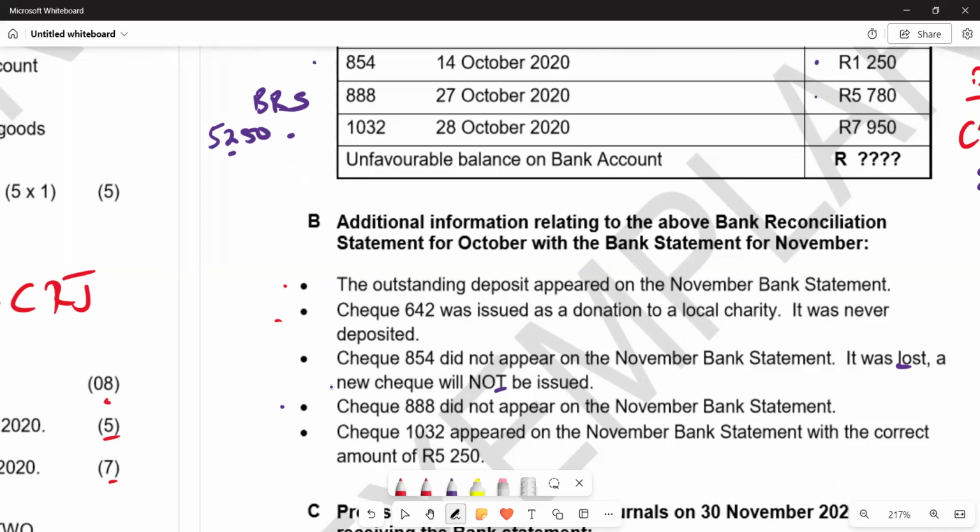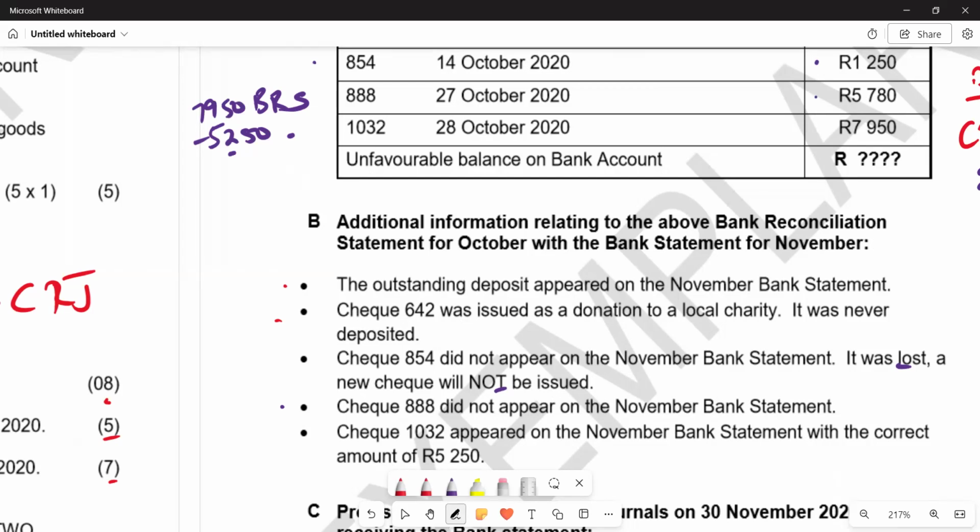So we can just find the difference between the two by saying 7,950 minus 5,250 and see what figure we get. So we are saying 7,950, and then we subtract 5,250, and you are going to get your 2,700.